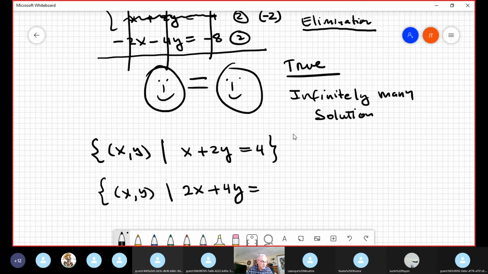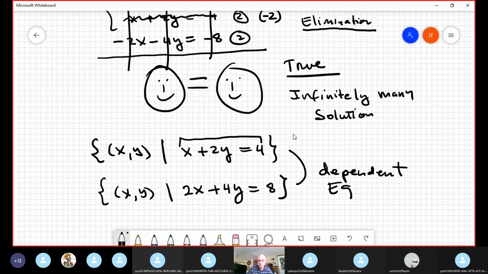It's easy to understand: if you multiply this entire equation by 2, you get the second equation. 2 times 1 is 2, 2 times 2 is 4, 2 times 4 is 8. This is a dependent equation. It's the same line.